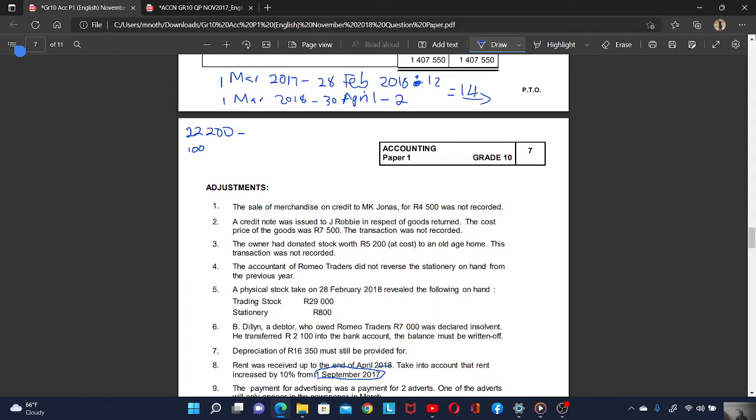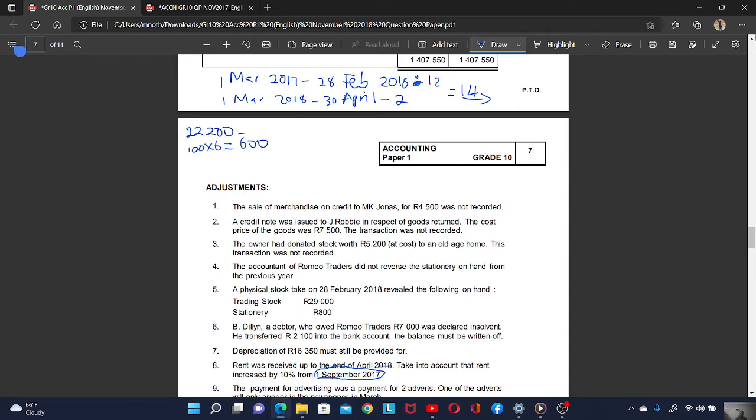And then in September, it was increased by 10%. That will mean that the rent is now 110%. So at the beginning of the year, on 1 March 2017, the rent was 100%. So from March, April, May, June, July, August, which is 6 months, the rent was 100%.